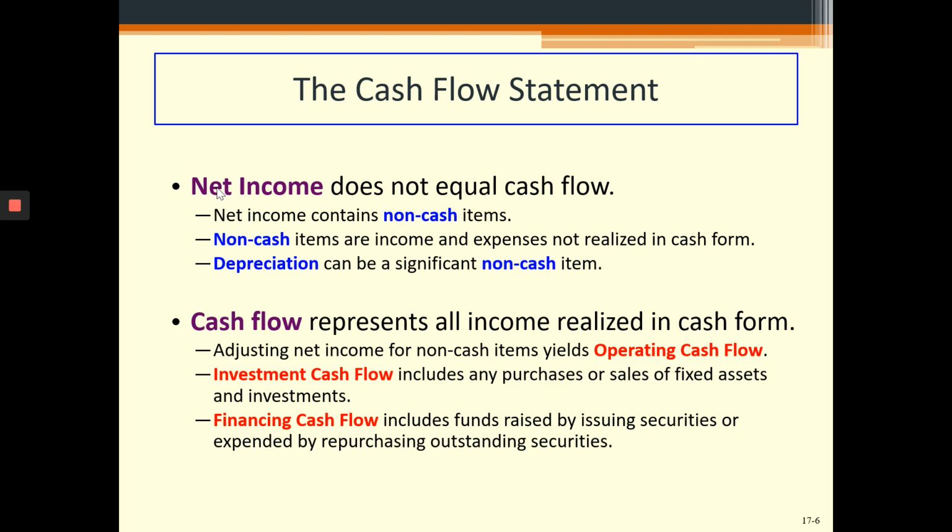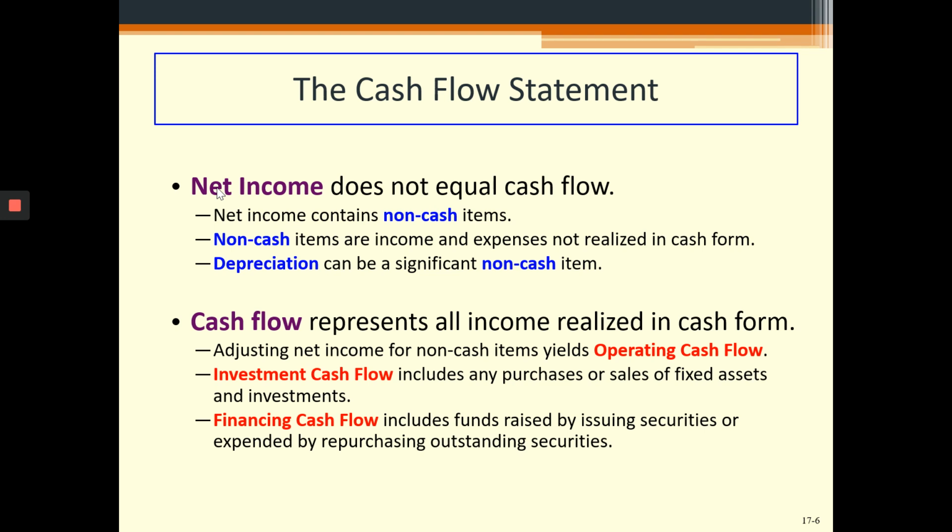So all that are the investment cash flows, which include the purchases or sales of the fixed assets and investment. So normally those assets which can keep generating the sales for the company for more than 1 year period of time, those will go under the investment cash flows.